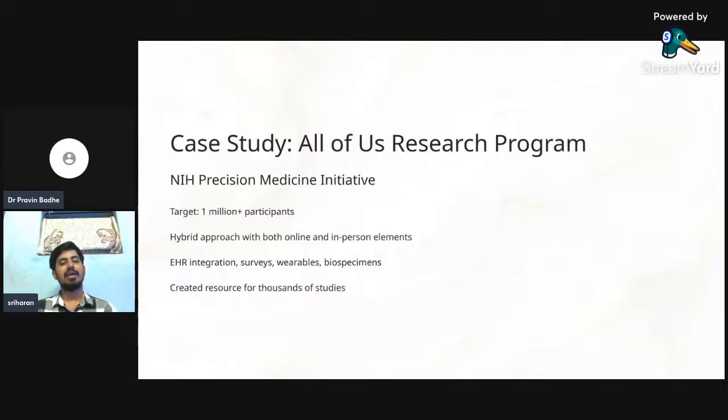It integrates electronic health records, surveys, wearable digital technology, and biospecimens, integrating them one with another and creating resources. It creates resources for thousands of studies. It paves the way to create resources for doing research.